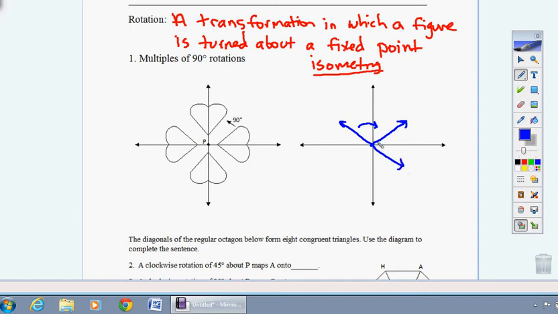But notice that I'm staying around the origin, around my point of rotation. And if I were to rotate another 90 degrees clockwise, it would be right there. So when we talk about rotations, think of them in terms of clockwise and counterclockwise rotations, and always around a fixed point. In these cases, we're rotating them around the origin.